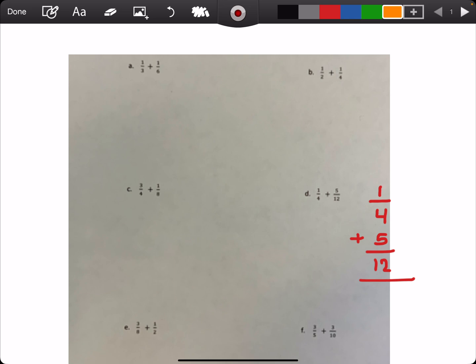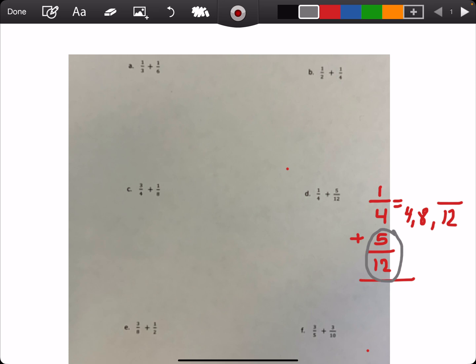Because I can't add fourths and twelfths, if I start with my 4, let me count by 4s: 4, 8, 12. I got to 12. If I got to 12, I know that the denominator in 5/12 is also 12. So right now, I don't have to change my 5/12.